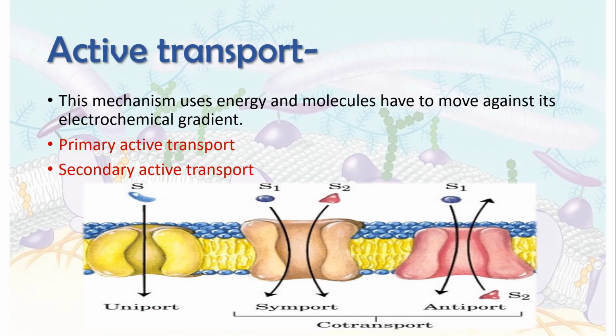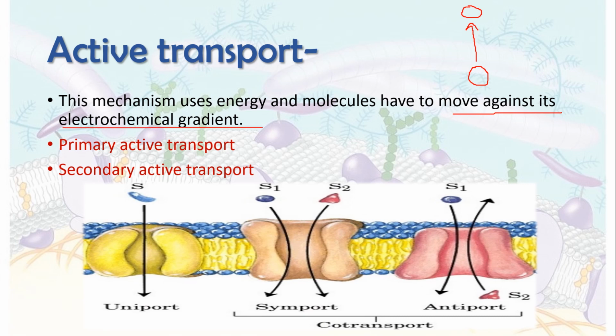Now, active transport. It's a type of uphill movement where a molecule has to move from lower concentration to higher concentration. For this, energy is required. So in this, the molecule has to move against its electrochemical gradient.